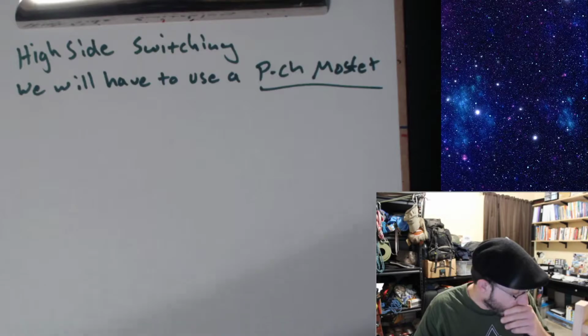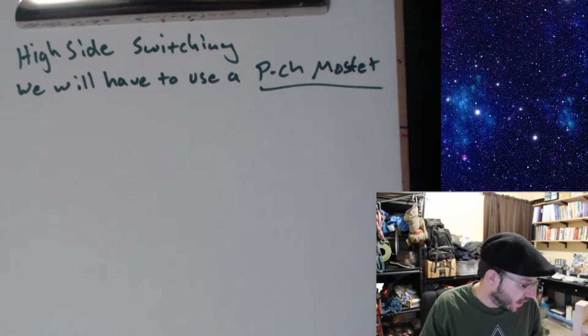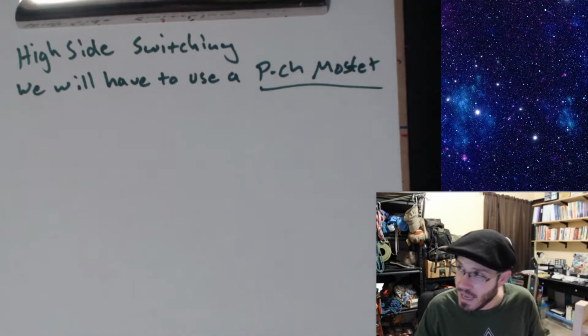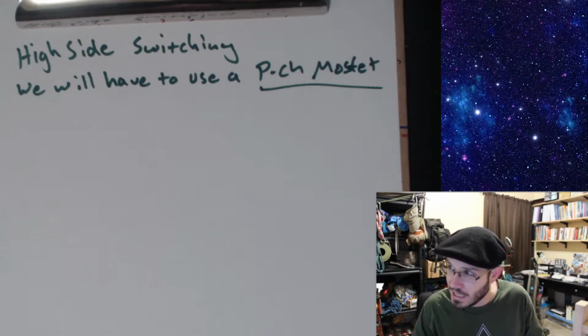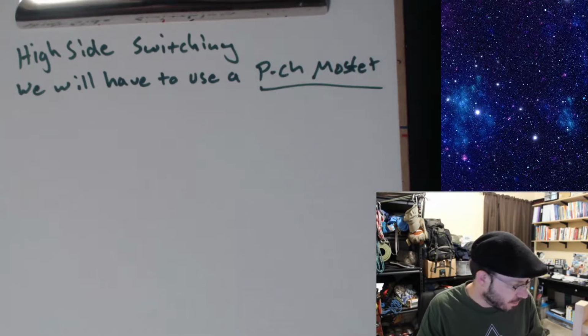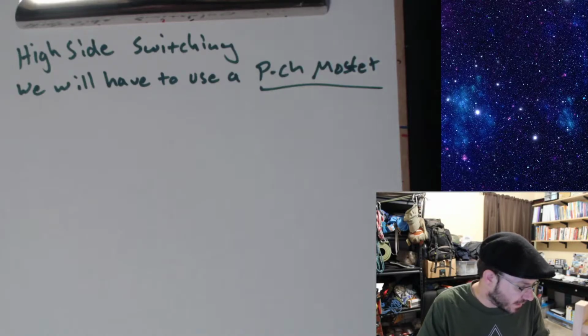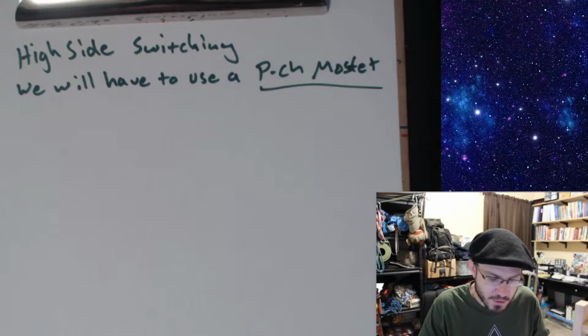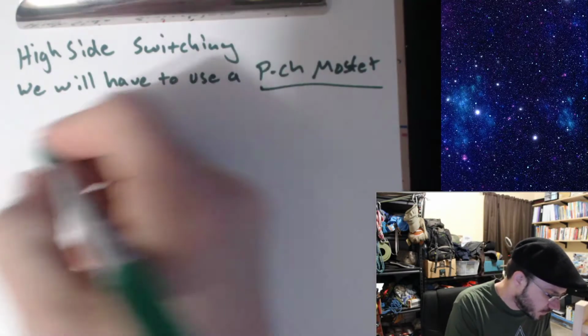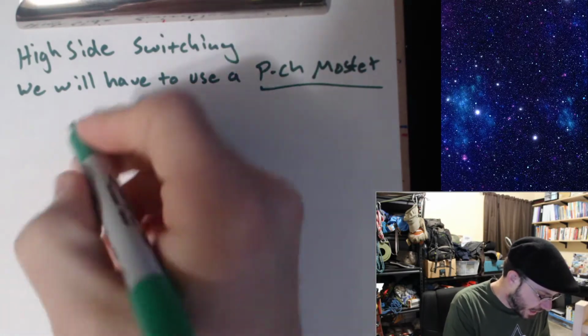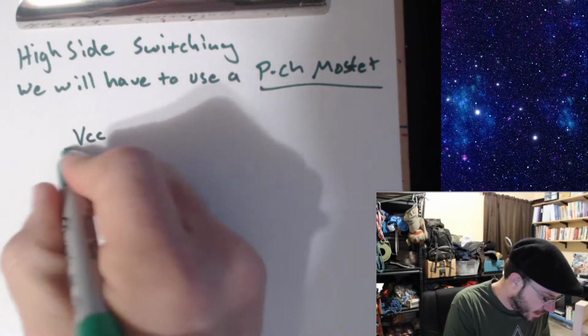Okay, so let's go ahead and cover the P-channel MOSFET. It's going to behave very similarly to an N-channel MOSFET, with just a simple difference in how you calculate the gate source voltage.